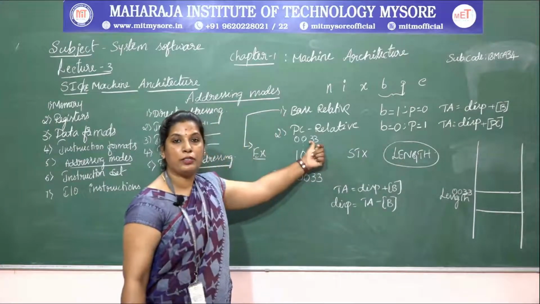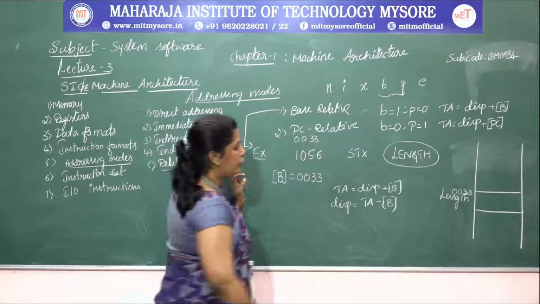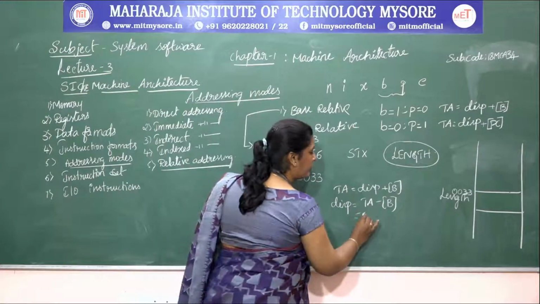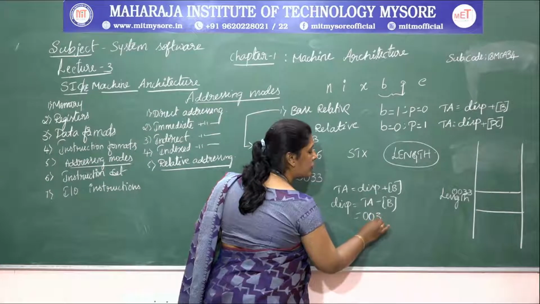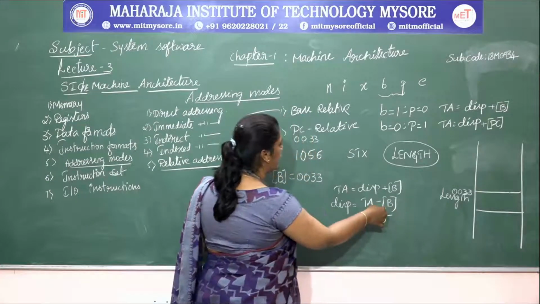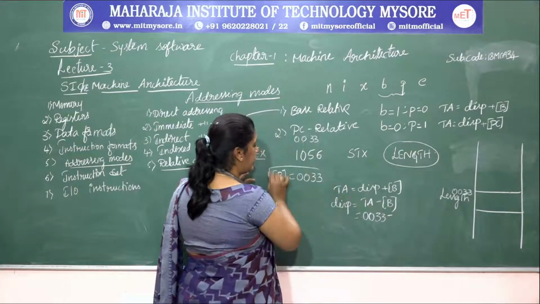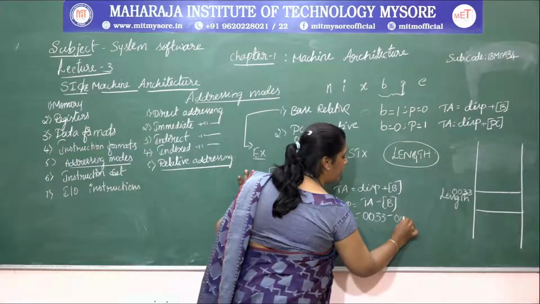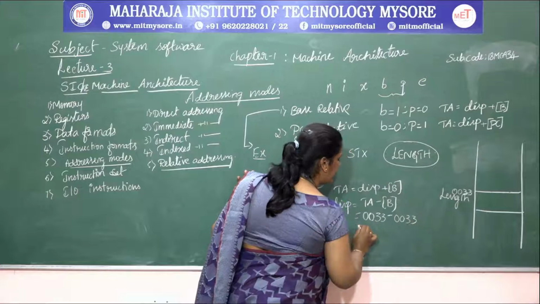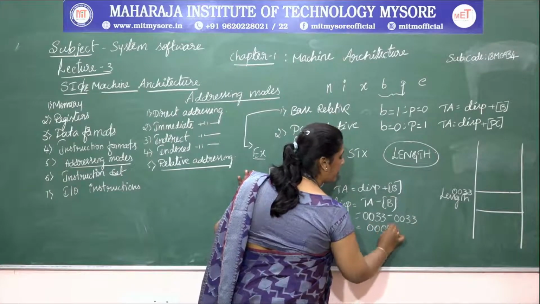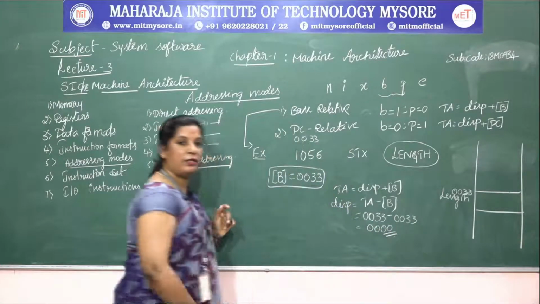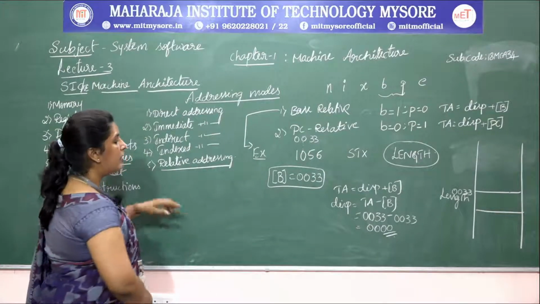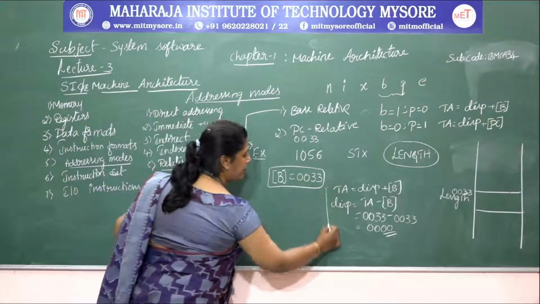At the memory location 0033. So to find the displacement, 0033 minus the content of the base register. This is an assumption. So here 0033. So what is the displacement value? 0.